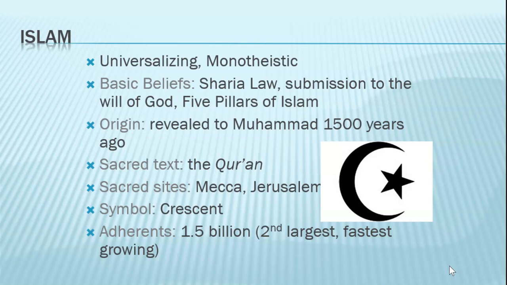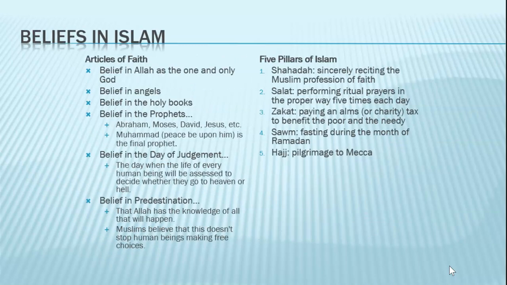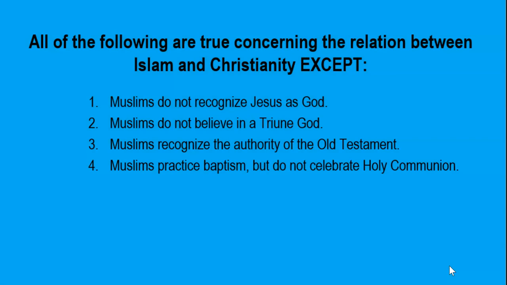So now we have a conflict in terms of shared holy sites between Judaism, Christianity, and Islam, and that does not always go well because not all of these groups get along well. Here are the beliefs in Islam, the 5 pillars and the articles of faith. And then Sharia law is a separate thing, and we will talk a little bit about Sharia law later on in the course.